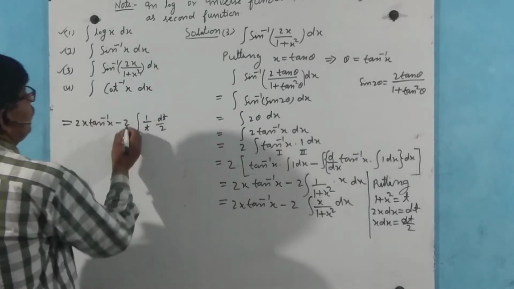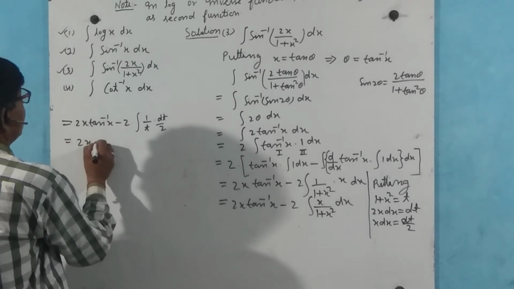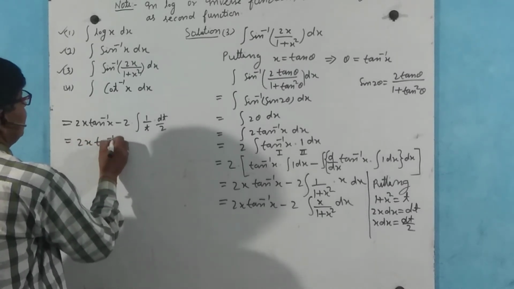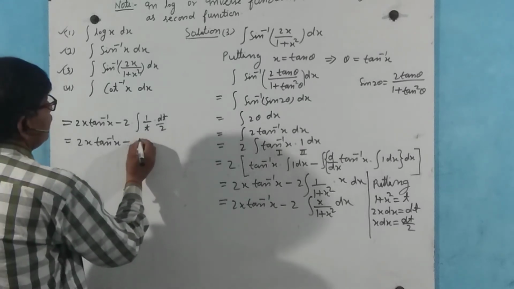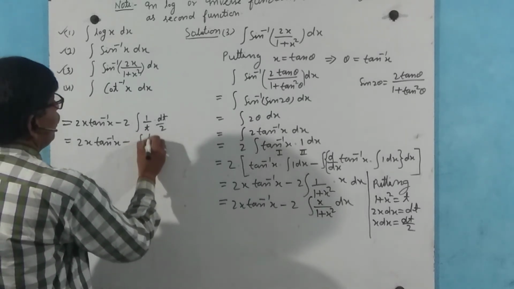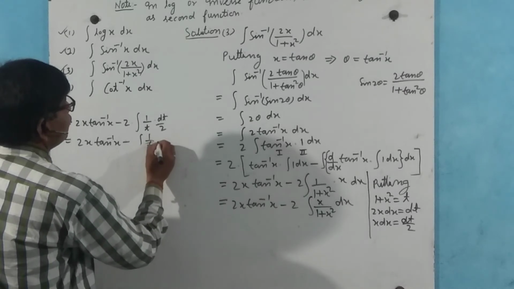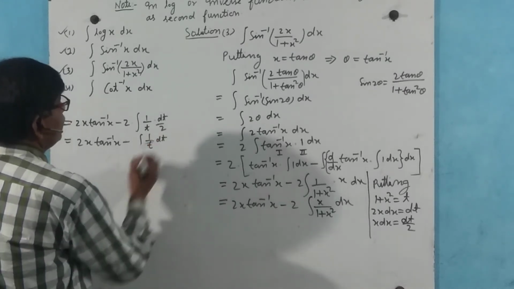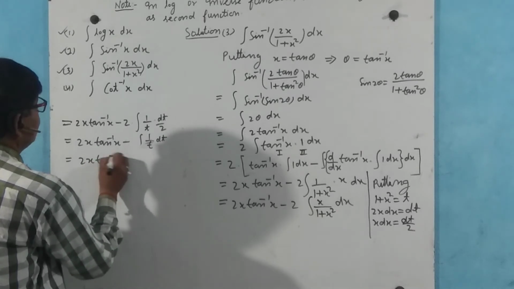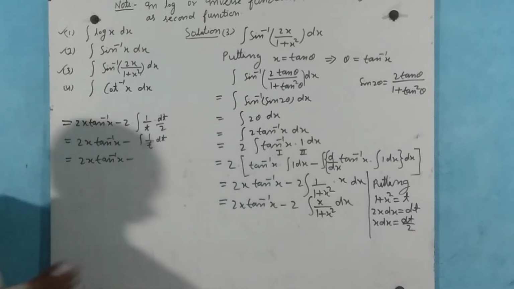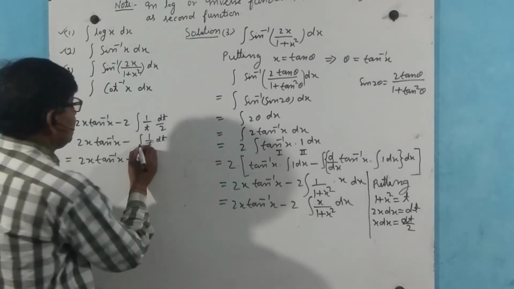Now 2 and 2 cancel: 2x tan inverse x minus integration of 1 by t dt, that is log t.